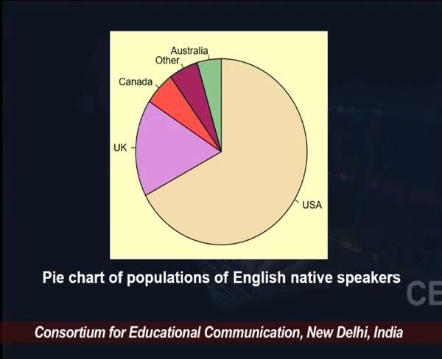All of these percentages add up to 100%. For example, if there are 100 native speakers, USA has the majority of them. Let's say 65 speakers are from USA. The rest are distributed among different countries. So a pie chart shows a percentage population.